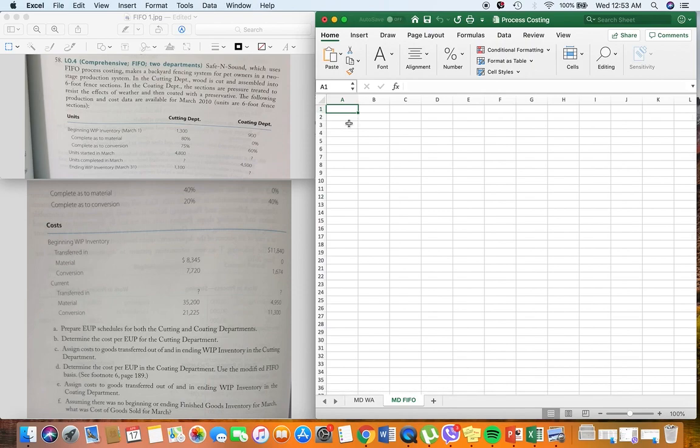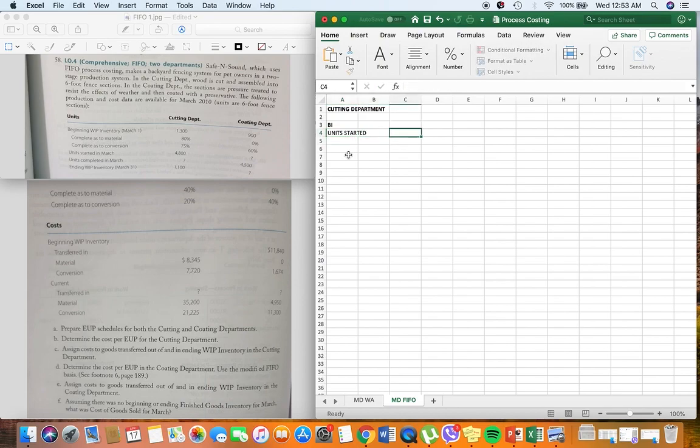So, of course, we'll start with the first department, which is the cutting department. Just like what we did earlier, by now you should be getting used to these steps. The first thing we do is to compute for the total units to be accounted for, which is the sum of the units in the beginning inventory as well as the units started. Okay?